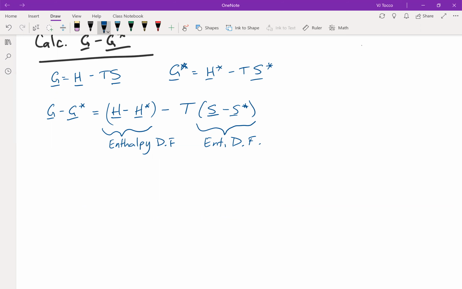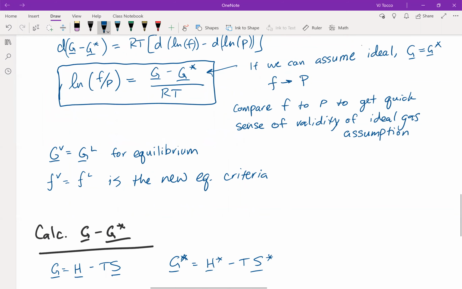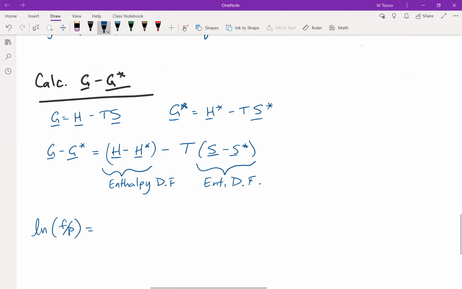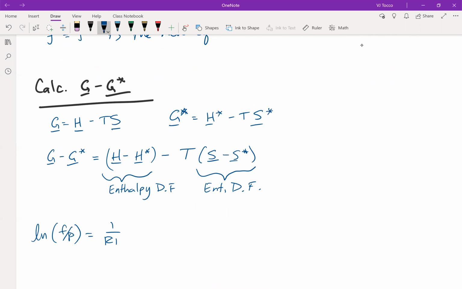So I'm going to plug all this stuff in. I'm going to start with ln of f over P is equal to 1 over RT, and then plugging all this stuff in. I need to substitute in my enthalpy departure function and my entropy departure function, S minus S star.